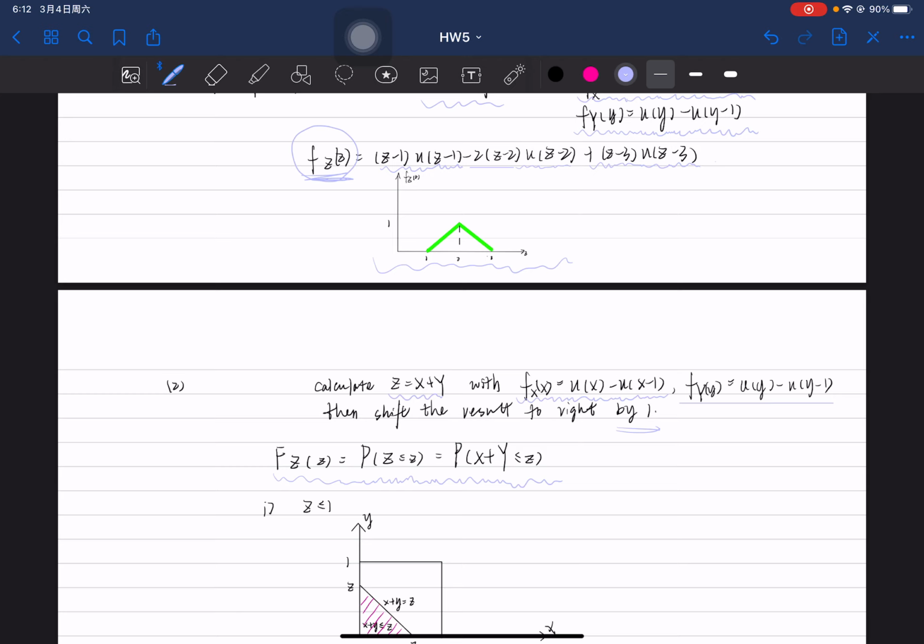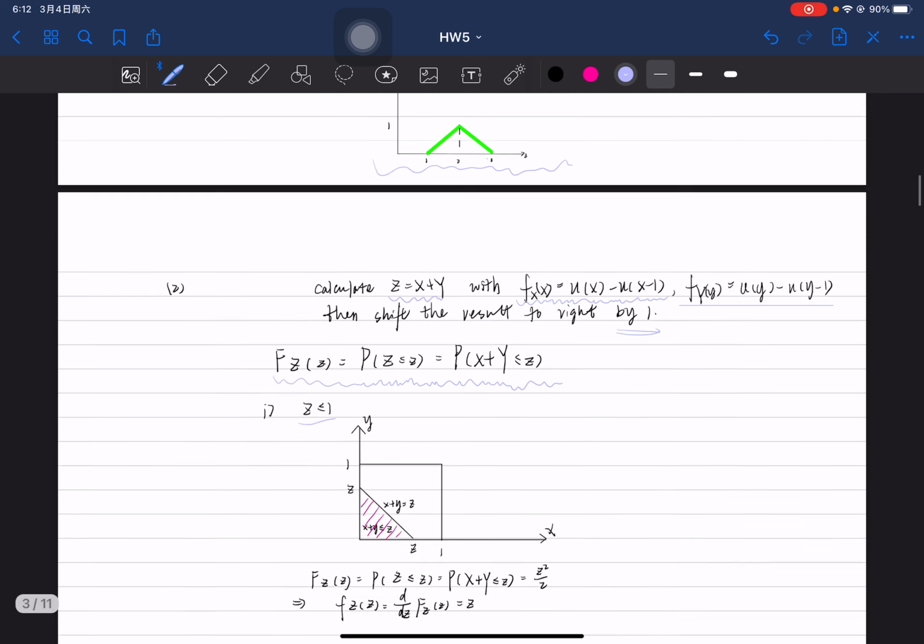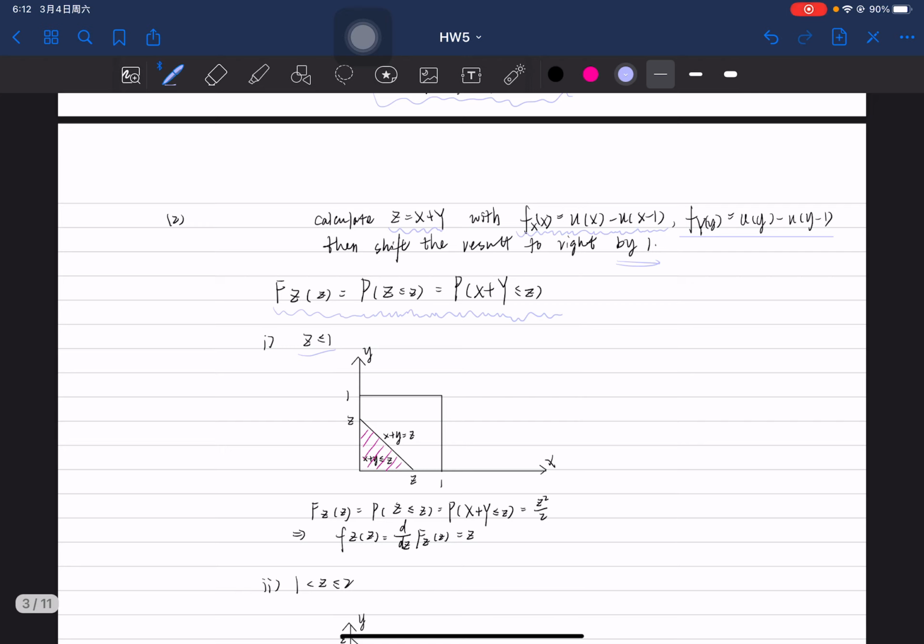The first condition is that z should be smaller than or equal to 1, and we can draw this picture here.